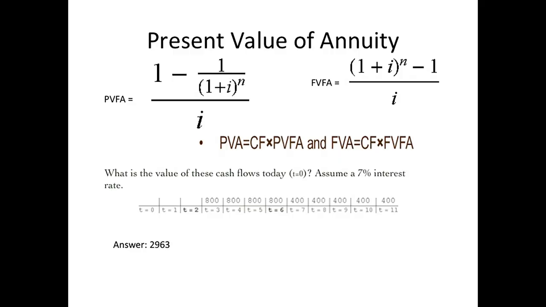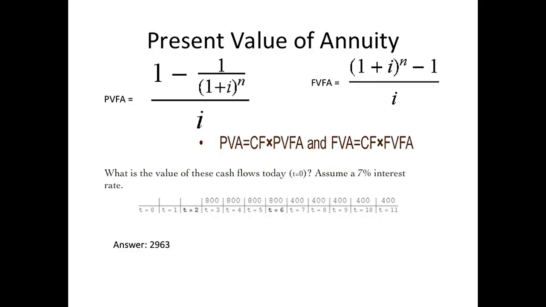To use the present value of annuity formula for the $800 stream, i will be 0.07 and n will be 4, because there are four $800 payments. The present value of this annuity stream will be located one period before the start of the stream, which in this case is time 2.